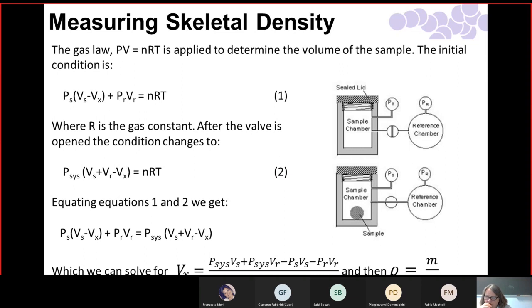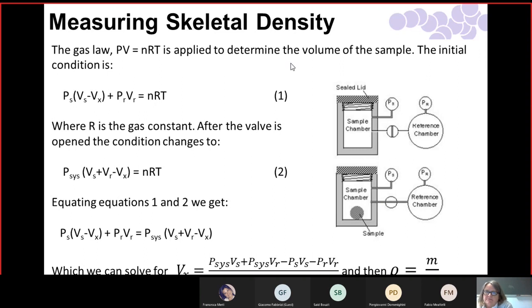We've made these measurements and we get something a little lower than that, but that's just saying that we're still overestimating the volume because we don't have access to closed pores. So it's almost an indication of how much of the space is occupied by closed pores. And so that's the technique for measuring skeletal density.